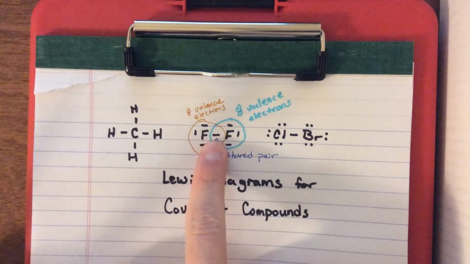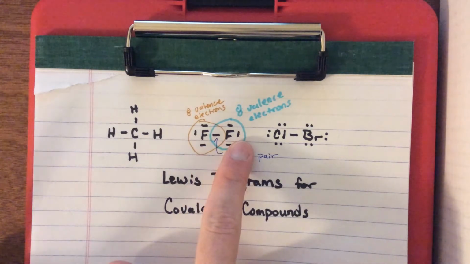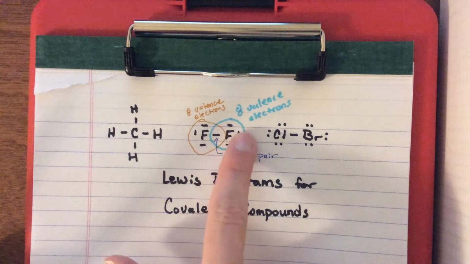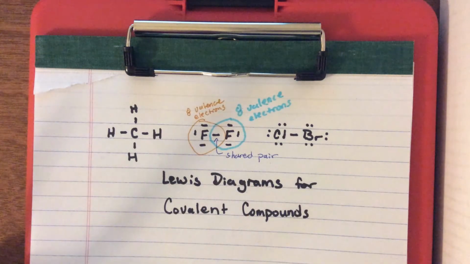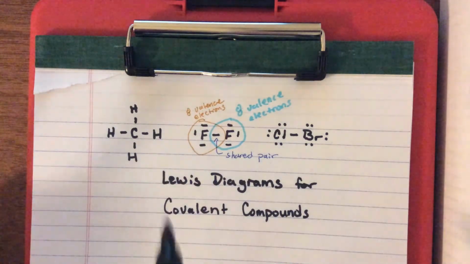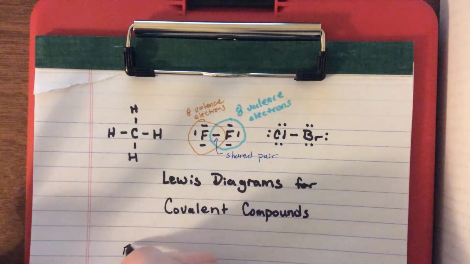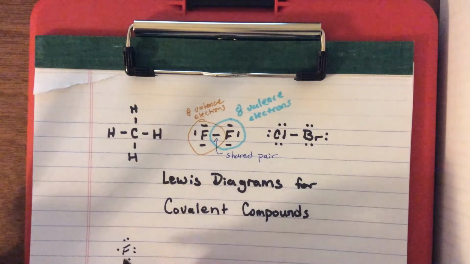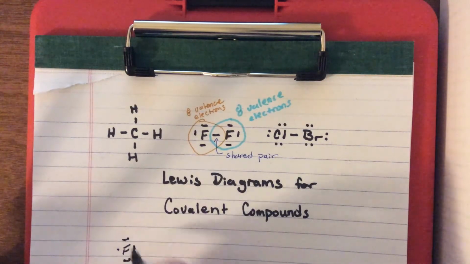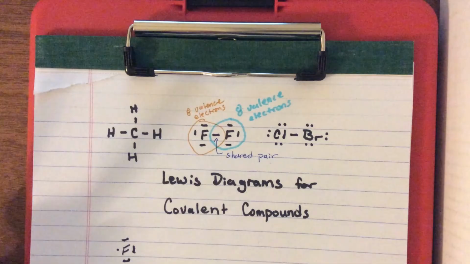In addition to the shared pair, each of these atoms possess non-bonding or unshared pairs that are counted only towards their own total. So if we are drawing the neutral fluorine atoms individually with their 7 valence electrons, they already have these 3 pairs that they are not going to share with anybody else.